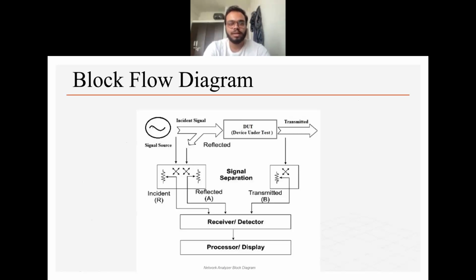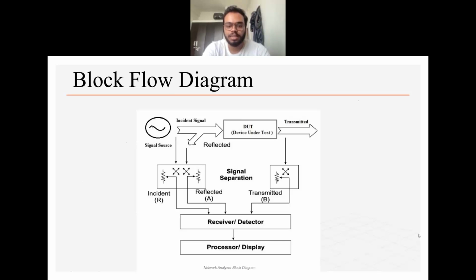Coming to the block flow diagram, the signal is incident from a signal source, in which some is transmitted and some is reflected. The paths of the incident and the reflected signals are the same, so they are separated using a signal separator.